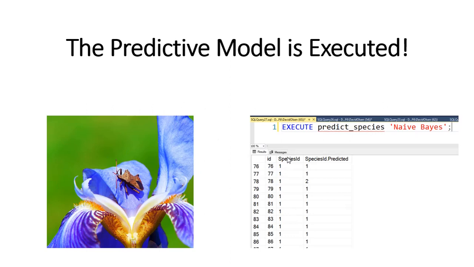We have the actual species ID here, the predicted species ID here, and right here is one of the times where the actual and the predicted was not the same. So that means our model is really actually pretty darn good, but it does miss every once in a while.